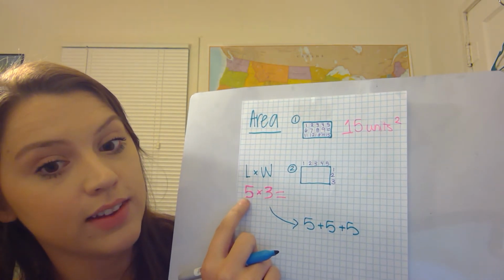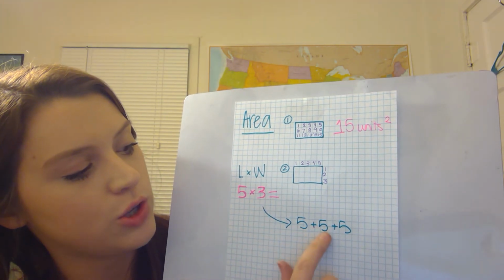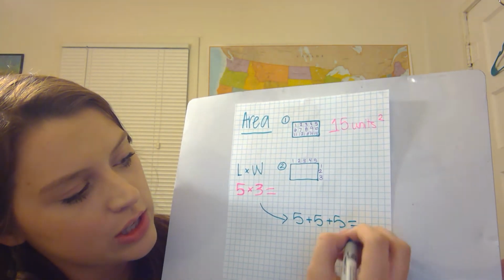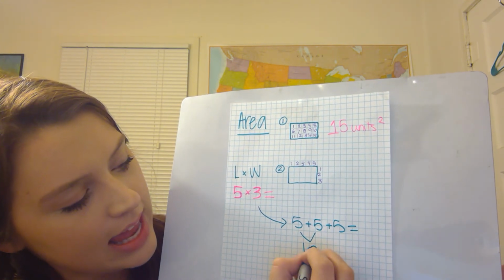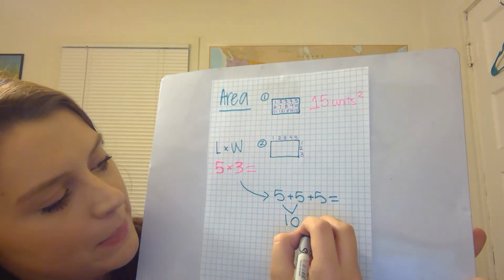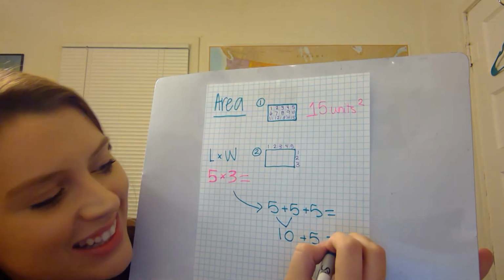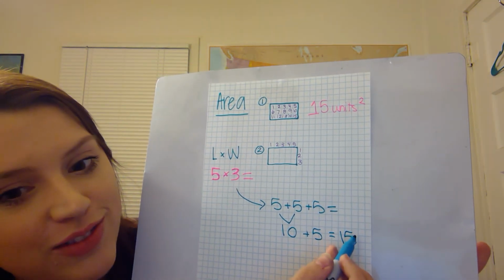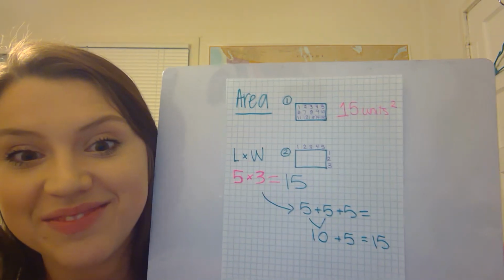I took 5 and I did repeated addition 3 different times. 1, 2, 3. Solve this. 5 plus 5 is a doubles fact, equals 10, plus another 5 equals 15. So 15 is 5 times 3.